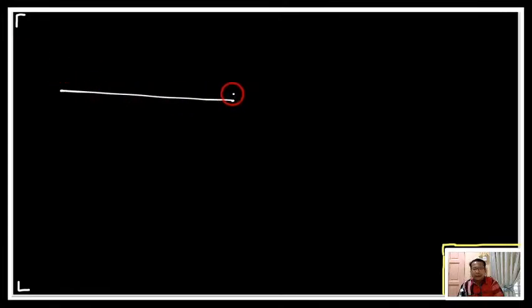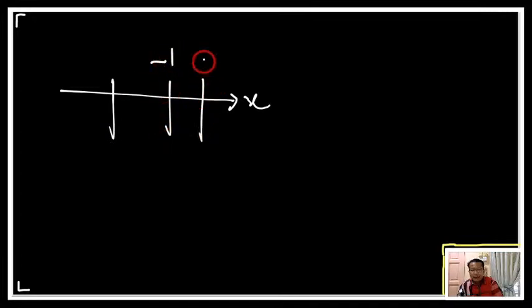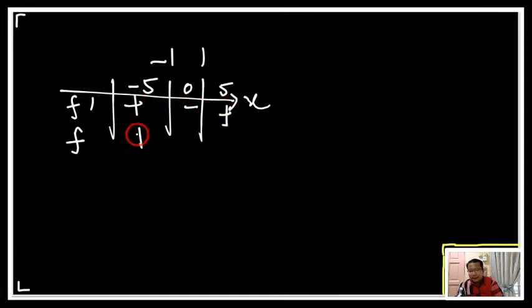So your table, x, you have 2 points, minus 1 and 1, and f prime and f. Less than minus 1, for example minus 5. Between minus 1 and 1, for example 0. And here, for example 5. So f prime is positive, negative, positive. So this one goes up, down, and this one is increasing.